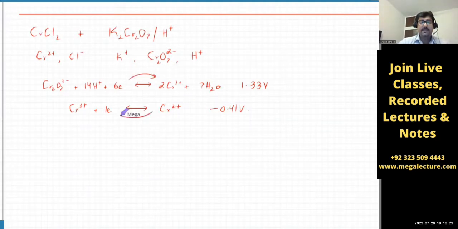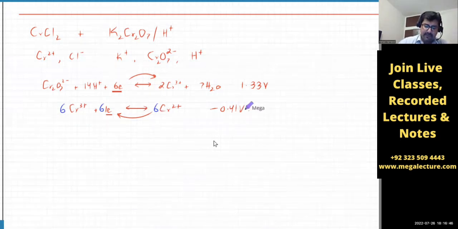So that's what the reaction is. I have to make the number of electrons gained and lost equal. So in this case, I have to multiply the bottom equation by 6. The electrons should be equal, okay?